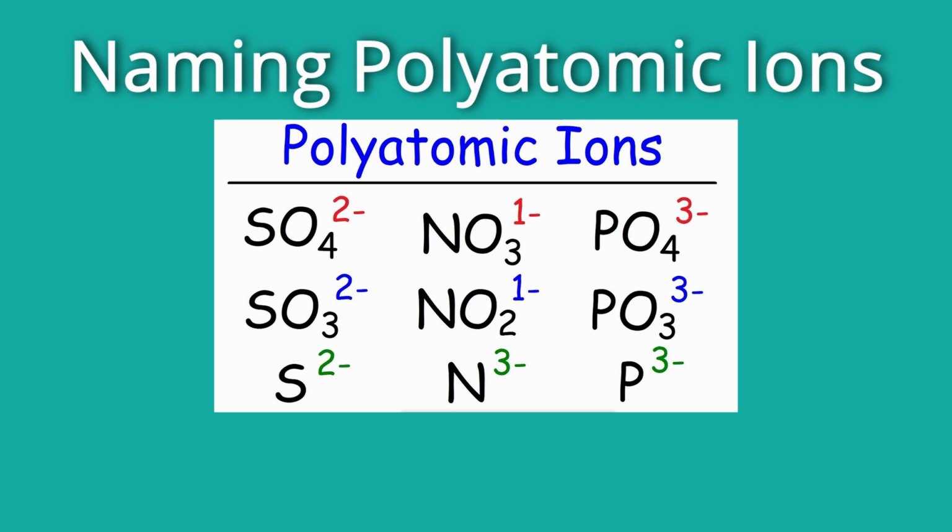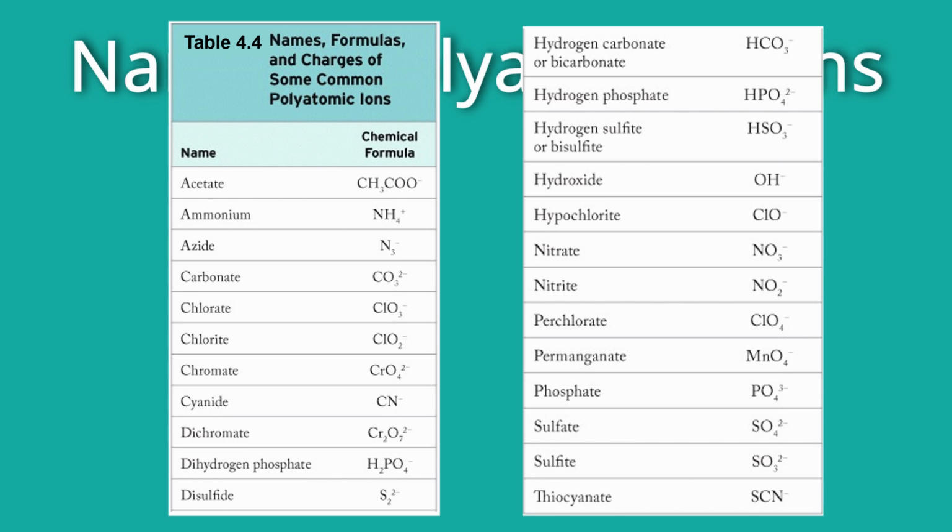And these ones are tricky because there's no trick to naming them. They just have names. So a few examples of these are ammonium, nitrate, nitrite, phosphate, phosphite. And they're really tricky, and the only way to really know how to name these is just to memorize the formulas and the names.